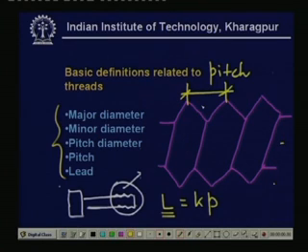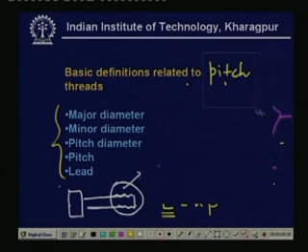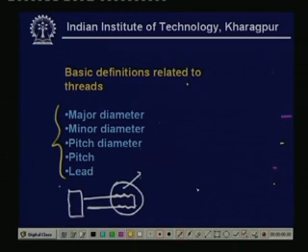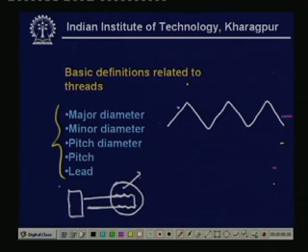Now, what you see here is that the thread profiles are part of a triangle. Let me draw. So this height is the height of this triangle, but sometimes not full threads are used.